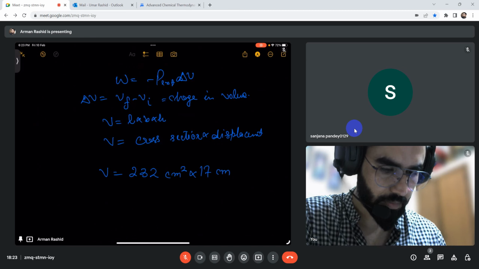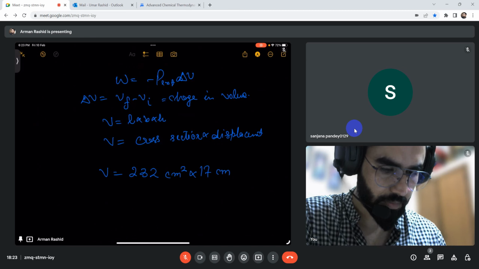So the total volume change, when we multiply this up, will be 39.44 times 10 to the power minus 4 meter cube. So this is the volume change done by the expansion of the gas.